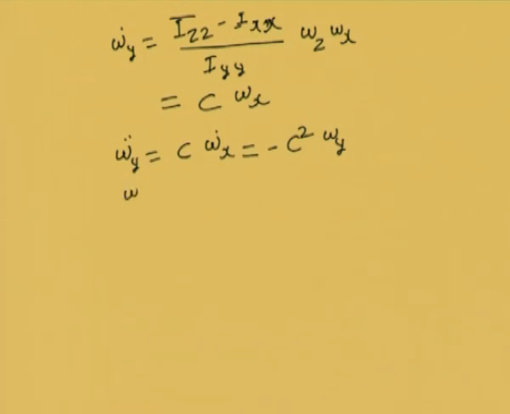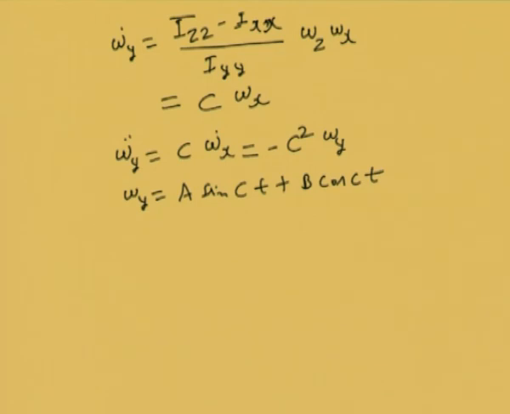Therefore omega y is equal to a sin ct plus b cos ct, where constants a and b can be found from the initial conditions. Similarly, we can find out the expressions for omega x also.